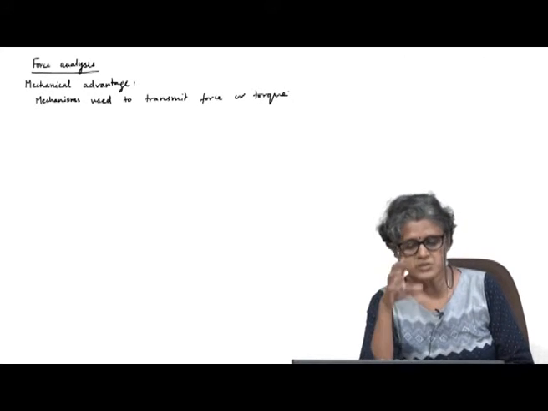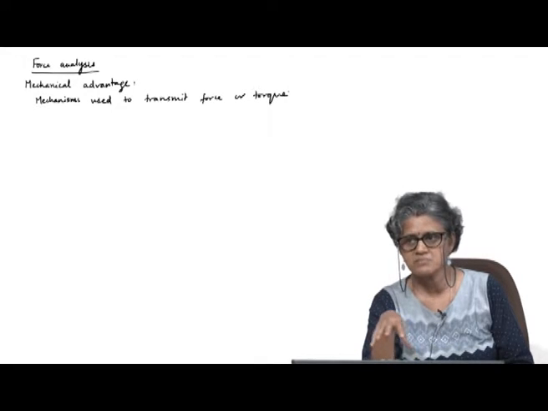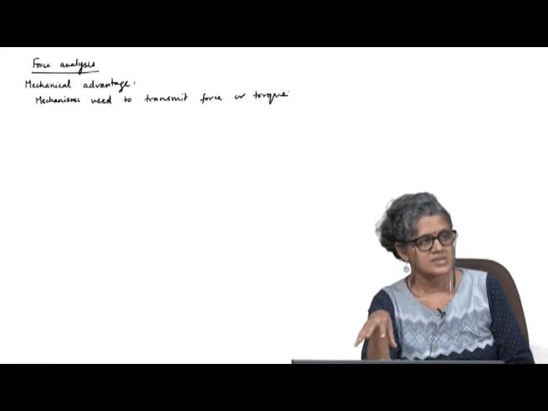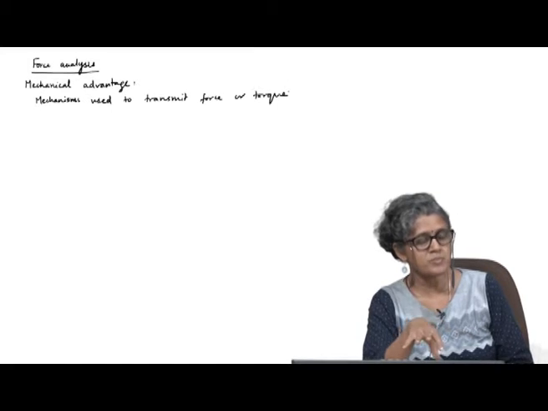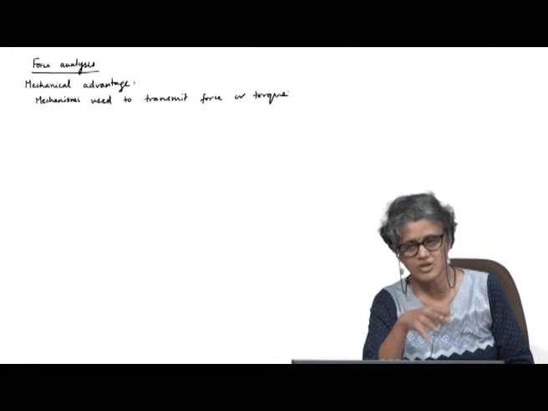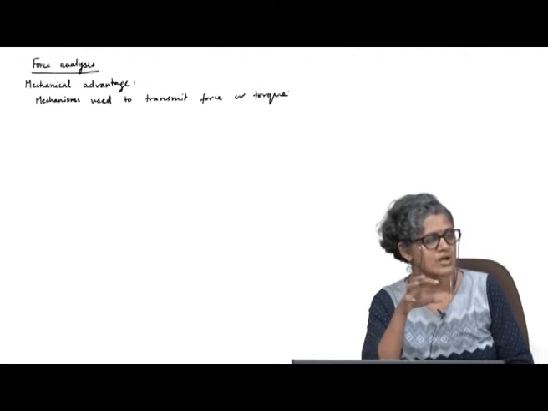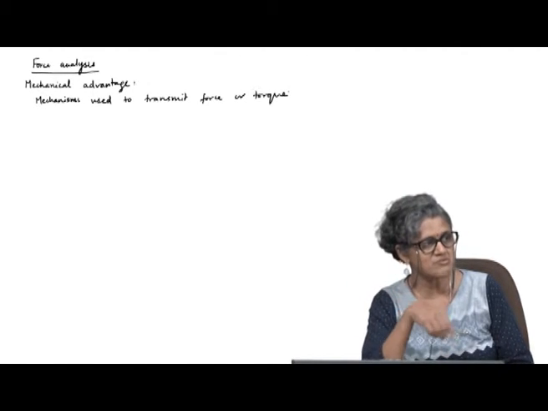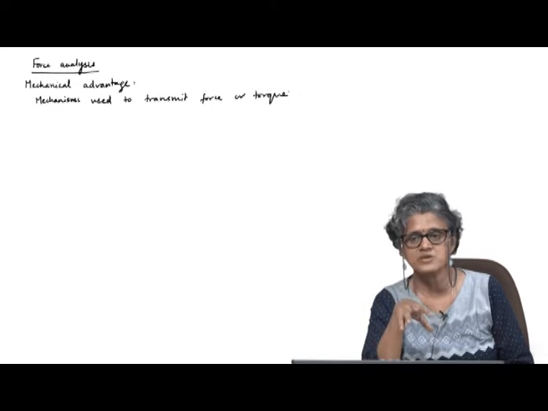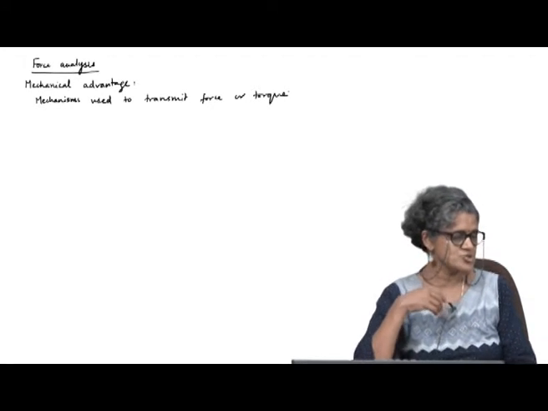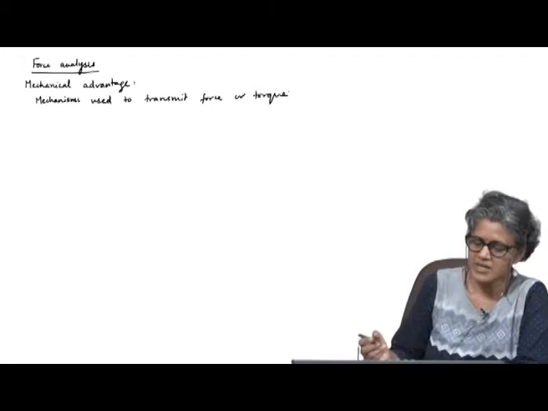One difference between a mechanism and a gear train is that a gear train will operate with a constant velocity ratio or torque ratio, whereas in the case of a mechanism it varies as the mechanism moves, because this is dependent on the geometry of the linkage.